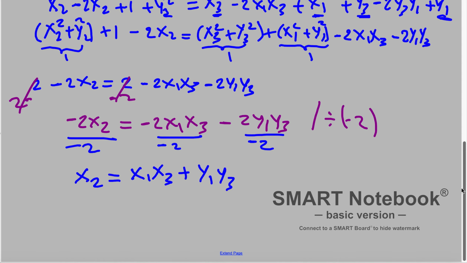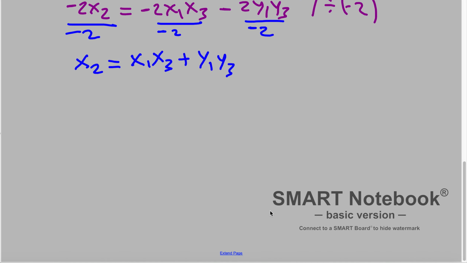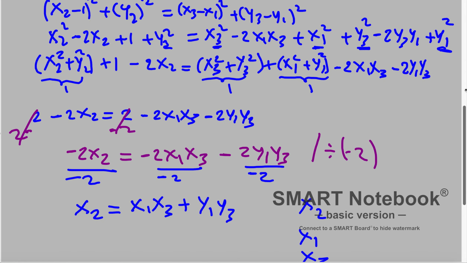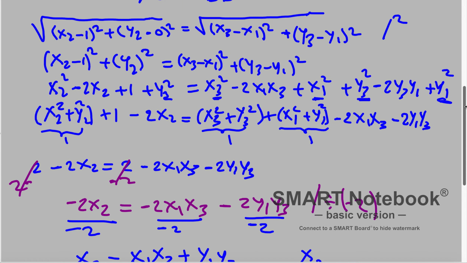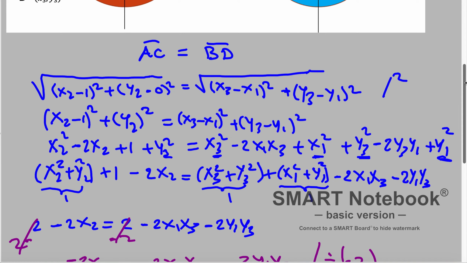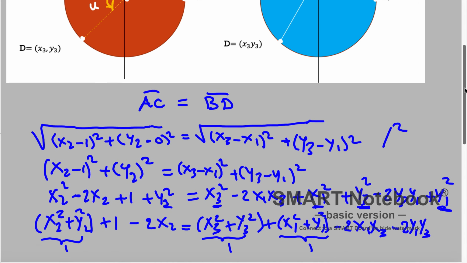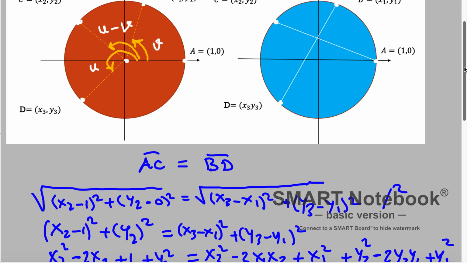And now we do the substitution here. So x2, x1, x3, y1, and y3. Let me substitute with the trig functions. So if we are going back a little bit up here, let me make it a little bit clearer.